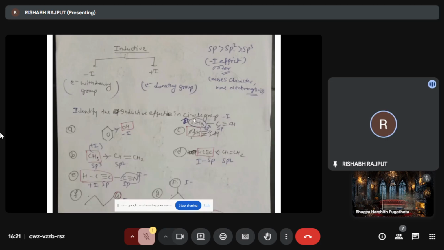Both circled carbons have sp hybridization, and this CH is sp2. So this sp character has more minus I effect compared to this CH, so I'm writing minus I effect here. Now option E: H minus C triple bond C minus C triple bond N. Both carbons here have three bonds, so both are sp character, and both carbons have minus I effect.